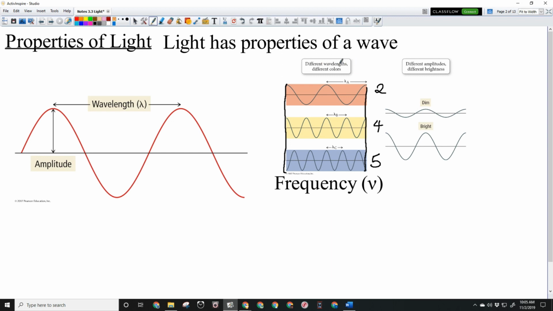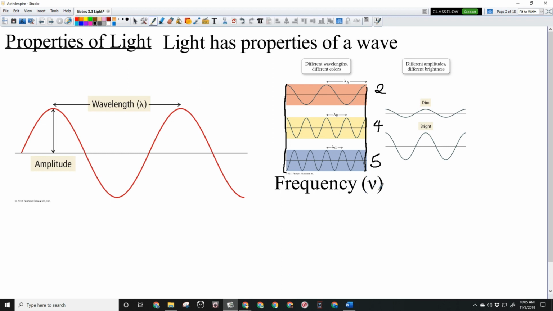Okay, and frequency determines the color of the wave, if we're talking about the visible color on the spectrum. If we're not talking about the visible spectrum, then we're talking about what kind of wave it is. We're going to look at the electromagnetic wave spectrum here in just a second. So that's frequency. Frequency uses 2 different symbols.